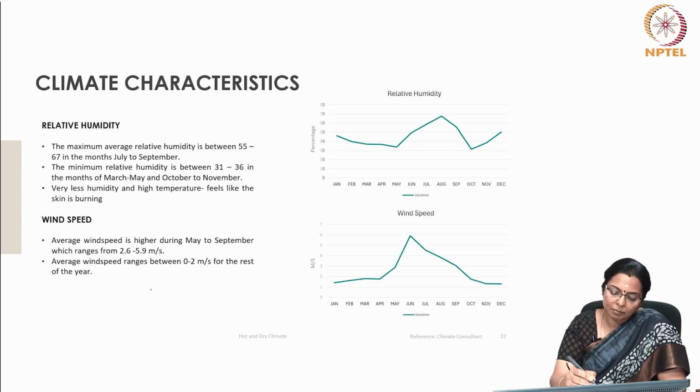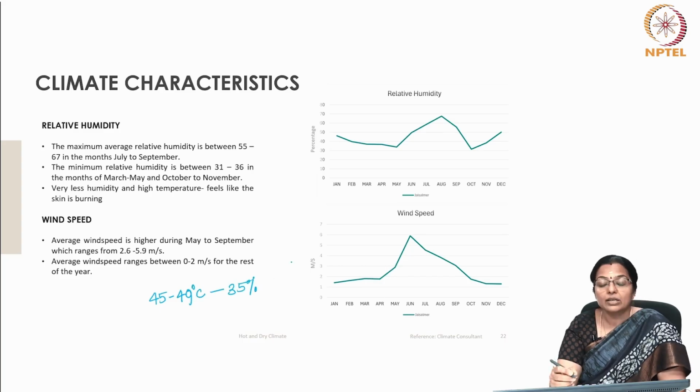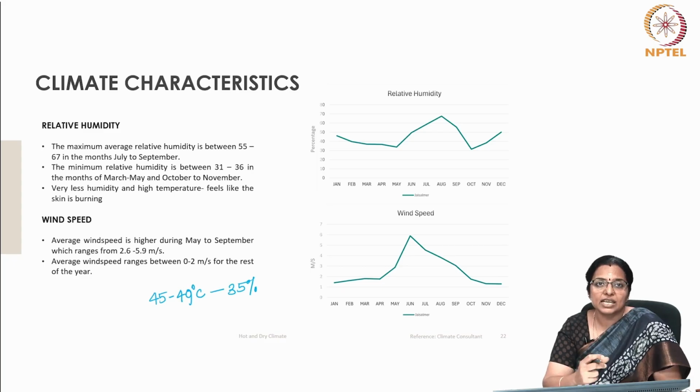So, when the temperatures reach 45 to 49 degrees centigrade, the relative humidity is about 35%. You can imagine the amount of dryness one can feel. Very little humidity and high temperature feels like the skin is burning.